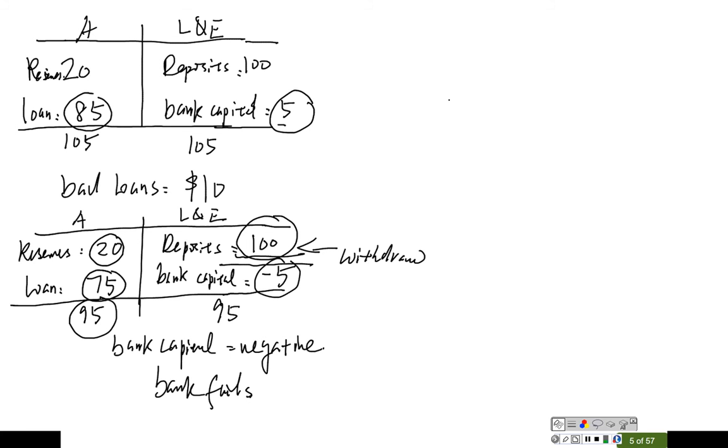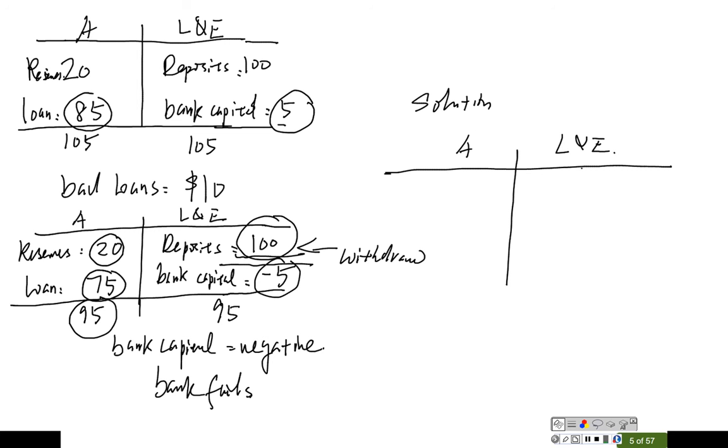In order to avoid the bank capital becoming negative, the solution is this. Now we use a new balance sheet, or T account. The bank still has a reserve of 20, and still lends out a loan of 85.